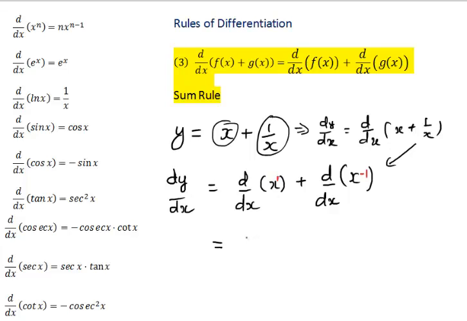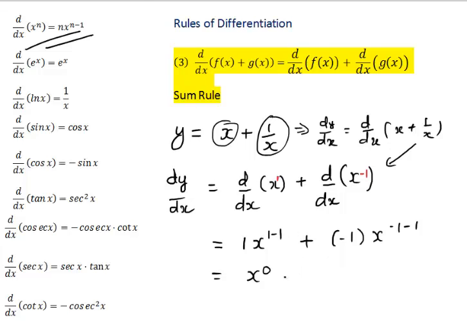This will be n x to the power n minus 1. So 1 times x to the power 1 minus 1 plus differentiation of x to the power minus 1 will be minus 1 times x to the power of minus 1 minus 1. So after applying this formula here, we get x to the power 0, and there will be a minus sign here because of this.